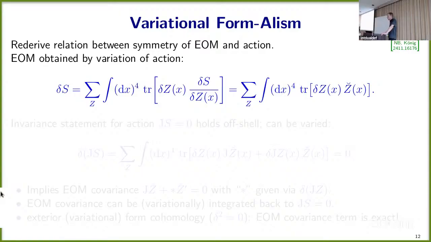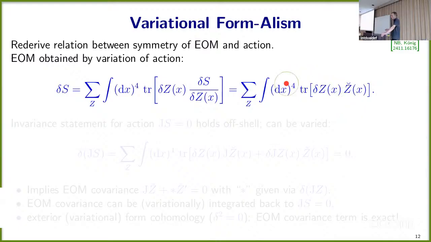So let's start again with the equations of motion for some ordinary level 0 symmetries. You start with the action and you vary the action with a general variation, which gives you the equations of motion. The action is an integral and trace over some field polynomial. You vary by one of the fields, and you put this sort of variational form in there as a placeholder, and that would be the variation of the action.